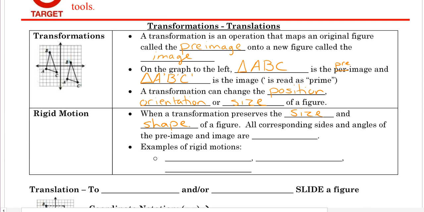So all corresponding sides and angles of the pre-image and image are congruent when we are performing rigid motions. Examples of transformations that are rigid motions are translations, which we will be looking at today, reflections, which we will be looking at tomorrow, and rotations.